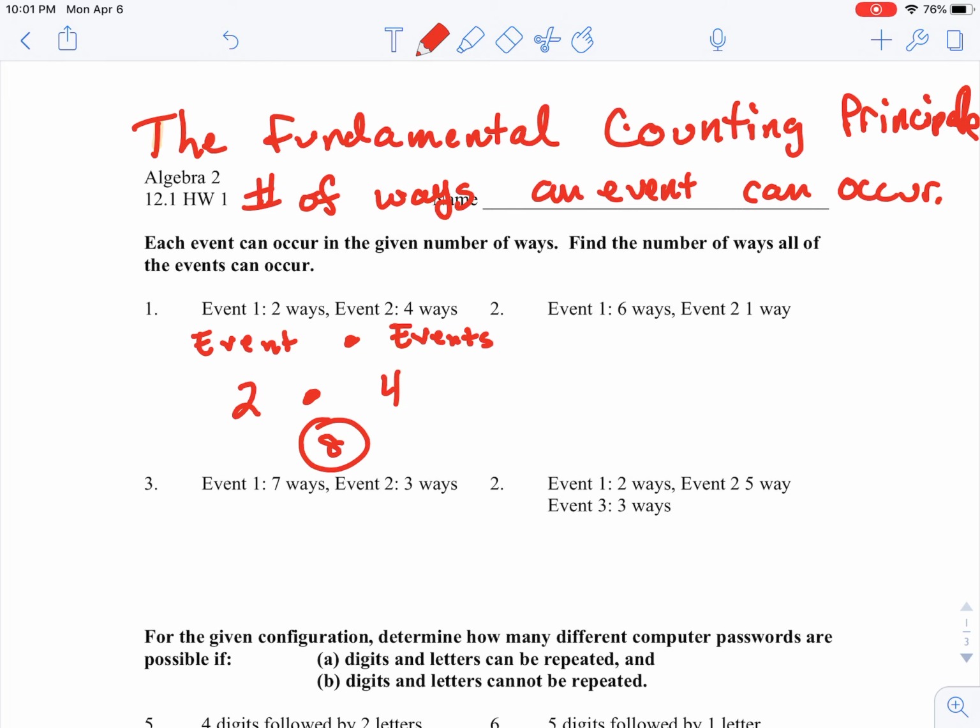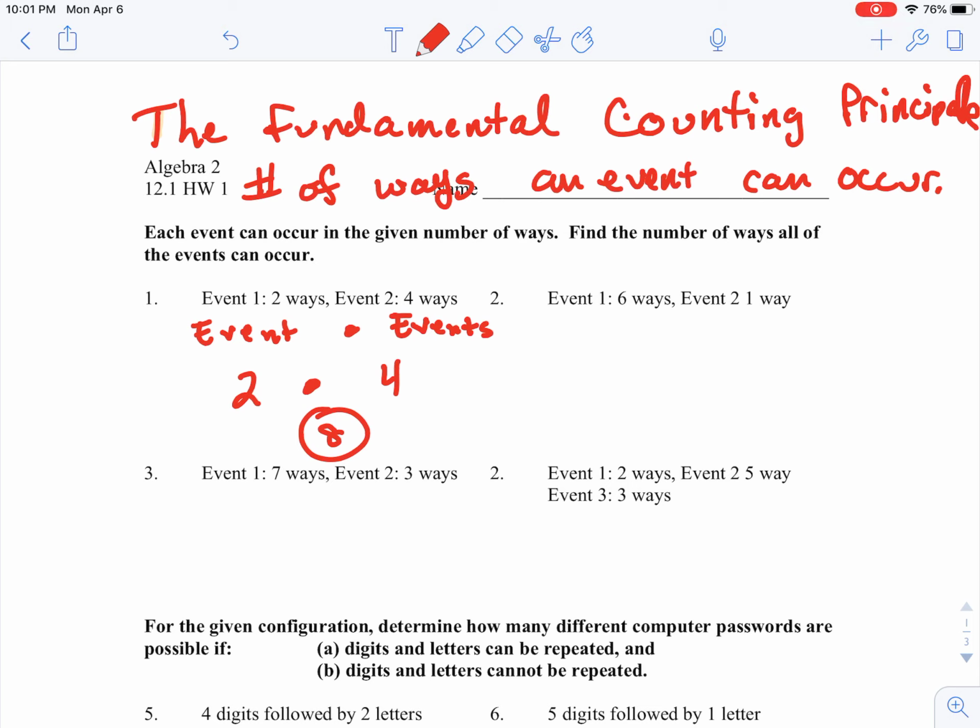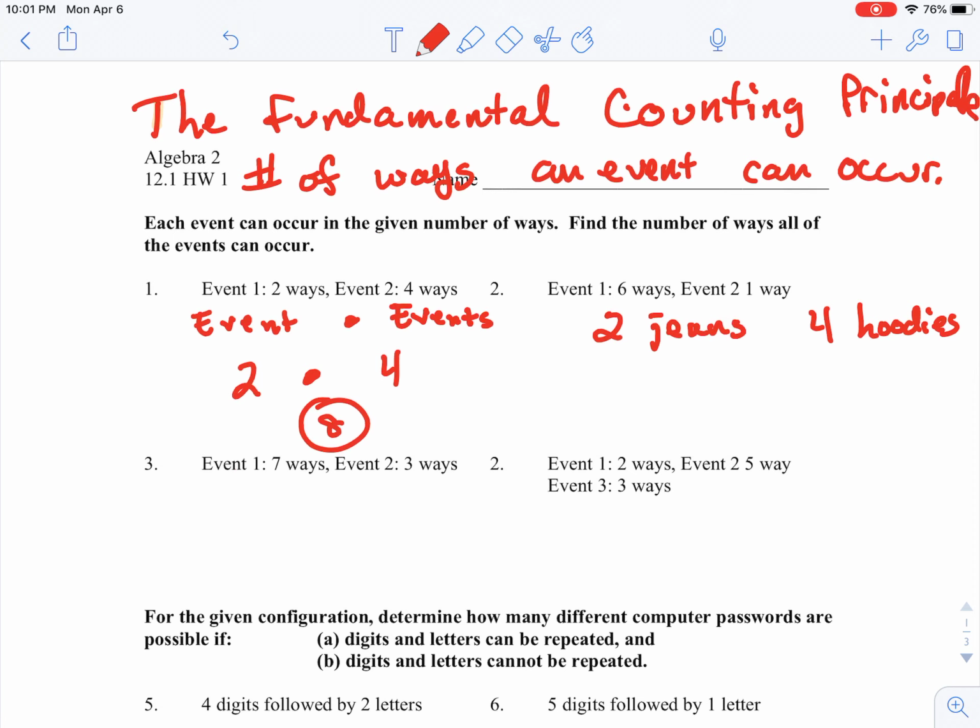So if you have, let's change this to an example. All right, so if you have 2 pairs of jeans, and you have 4 hoodies, let's say they're blue jeans and gray jeans. Nobody has gray. Well, maybe you have gray jeans, but I was going to say black jeans, but then it would be like B and B. All right, 4 hoodies.